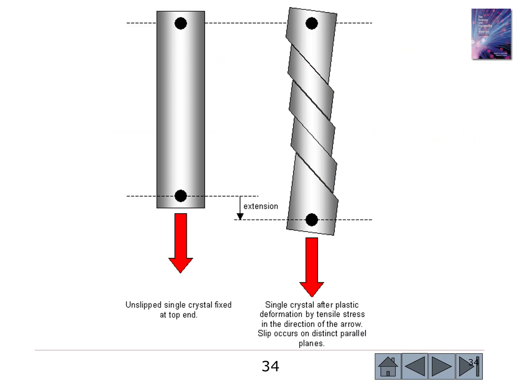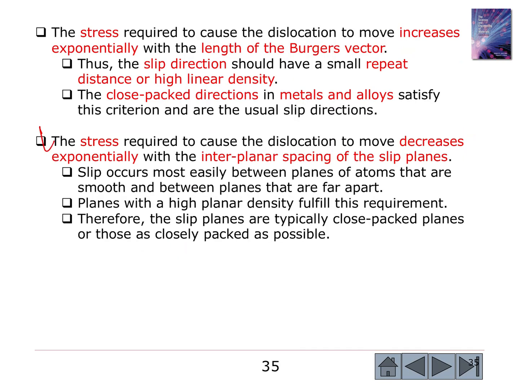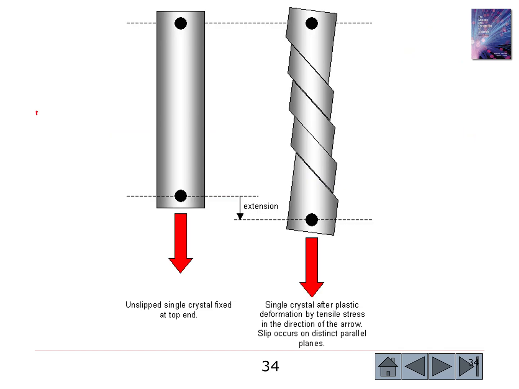Okay, so this is how slip occurs when you put a metallic rod under a tensile stress, or tensile load. Slip occurs along the close packed direction. The force is in this direction, but slip is occurring in this direction.